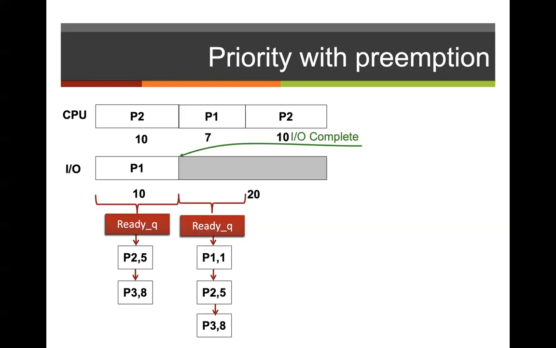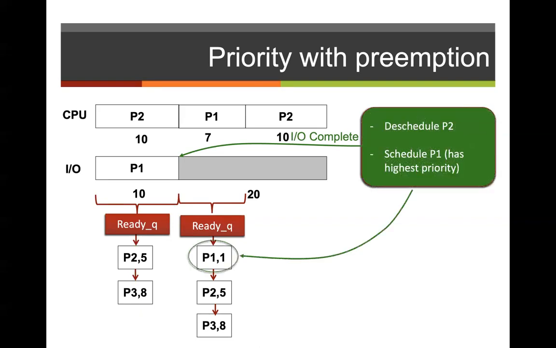And so with the IO completion, we have P1 that has a time of 1 remaining, P2 has a time of 5, and P3 has a time of 8. In this regard, we will deschedule P2 and we will schedule P1 because it has the highest priority.